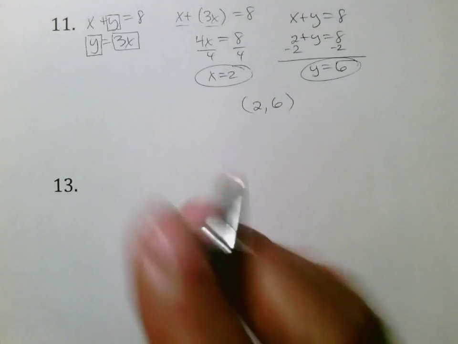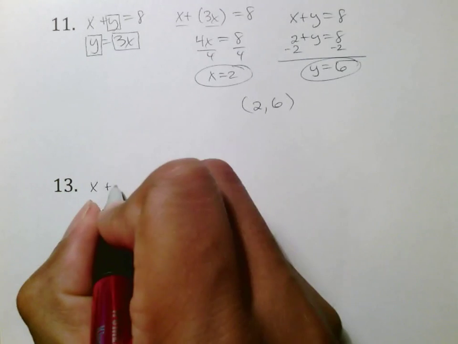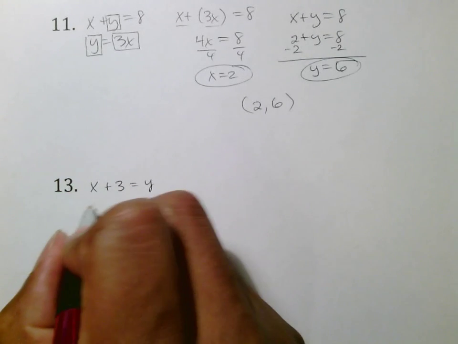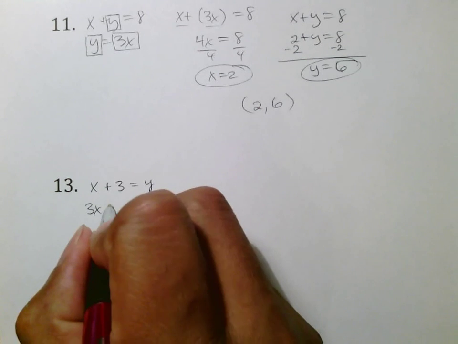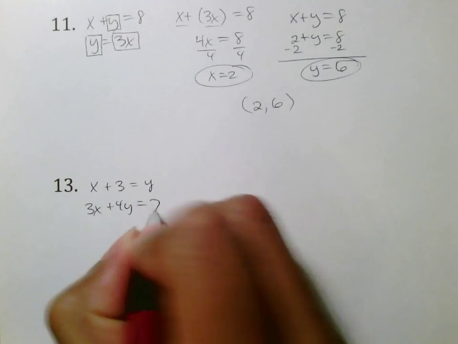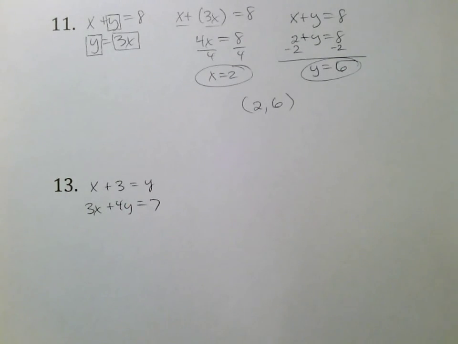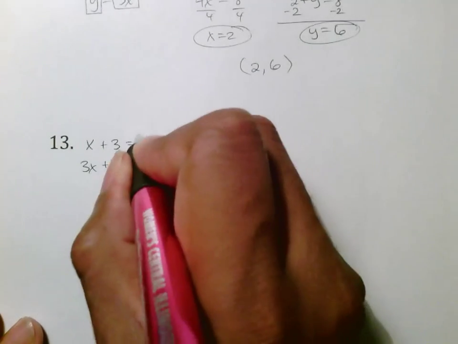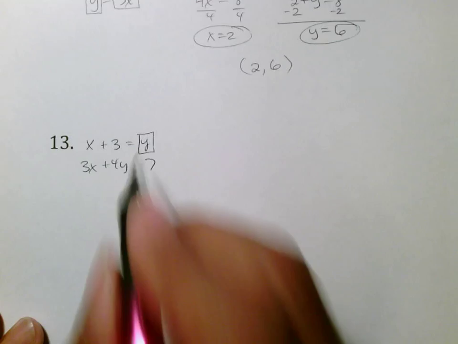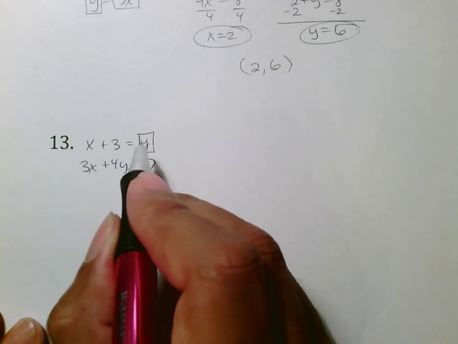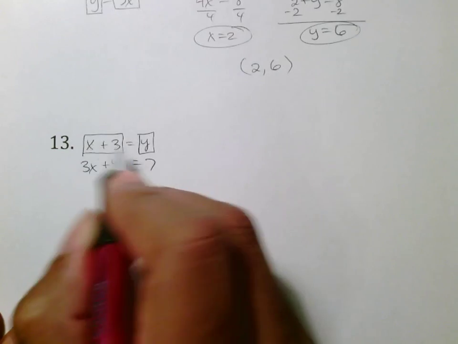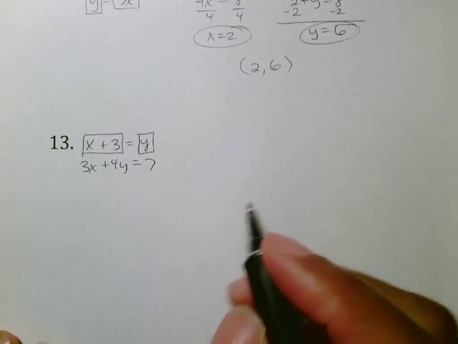13 is a little bit of a challenging problem because it just makes us work a little bit more for what we want. We have 3x plus 4y equals 7. And looking at this question, the variable that is by itself is this y, because it's all by itself on that side of the equal sign, which means that I can trade y out or switch y out for whatever is on the other side, which in this case is a full x plus 3.